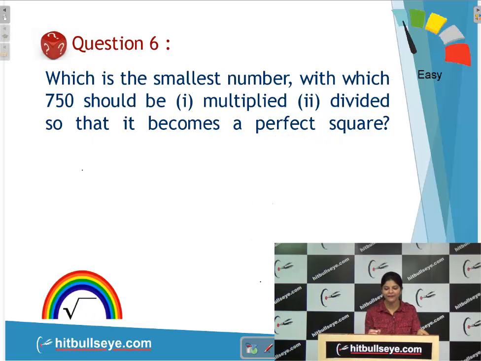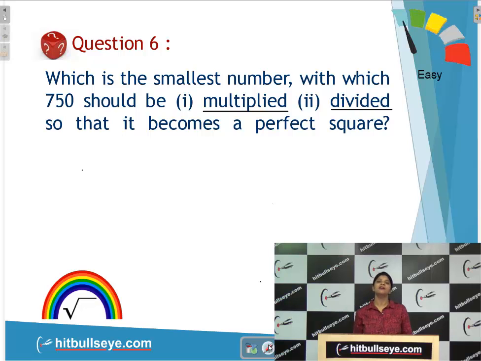Now here we have to find which smallest number needs to be multiplied and divided with the given number, that is 750, to make it a perfect square. Now in contrast to the previous question where we have discussed what needs to be added or subtracted, here we have to find what needs to be multiplied or divided.